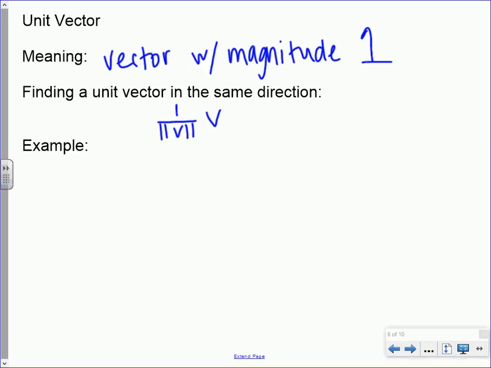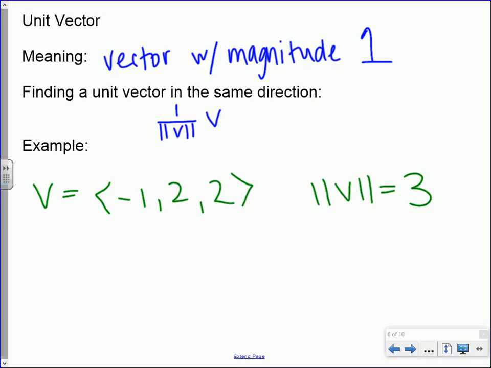So if we go back to our vector, -1, 2, 2, we decided that its magnitude was 3, correct? So if we wanted a unit vector in the same direction, then we would take 1/3 and multiply it to -1, 2, 2.